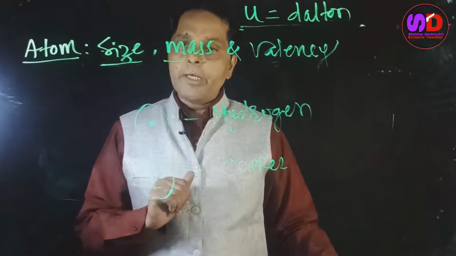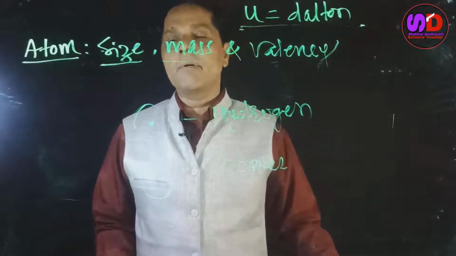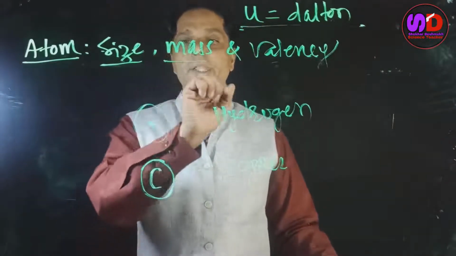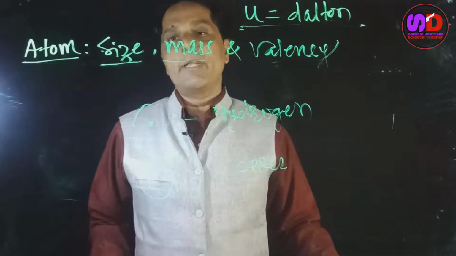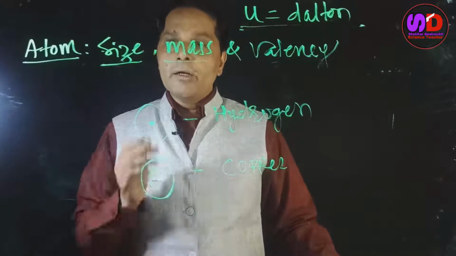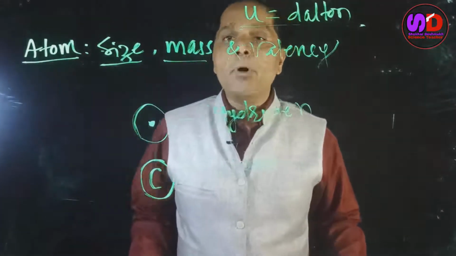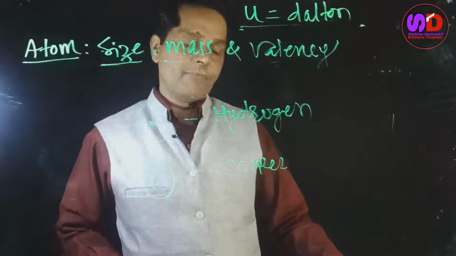According to him, what is a symbol? A symbol is nothing but the first letter of the name, or first and second letter of the name, or first and any prominent letter in the name of that element. It is used as a symbol.